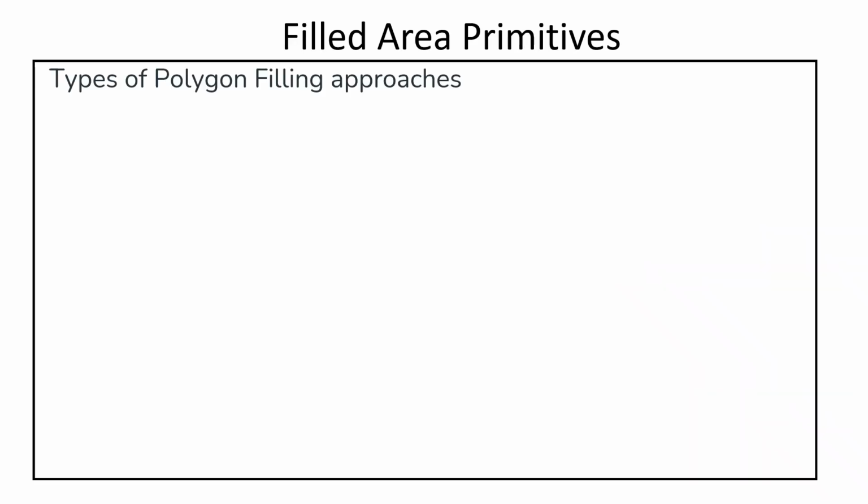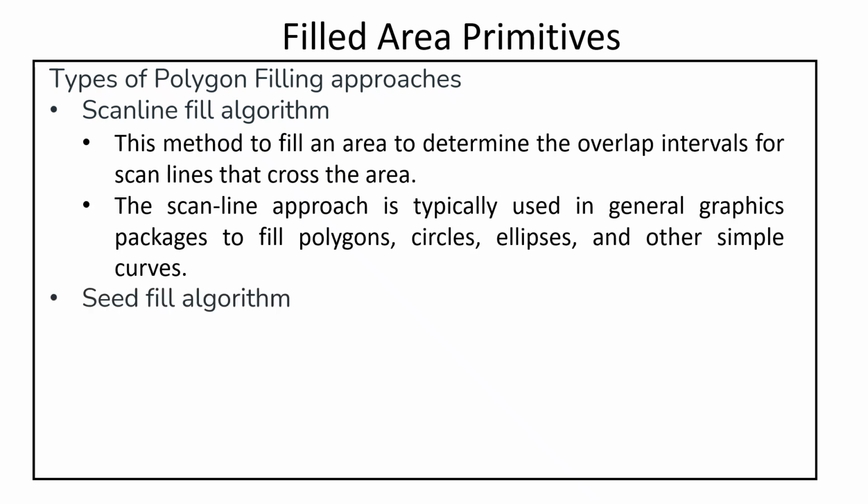There are various approaches to filling a polygon. One is by using the scanline fill algorithm and the other is by using the seed filling algorithm. So what is scanline filling? This method is used to fill an area by determining the overlap intervals for scan lines that cross the area.